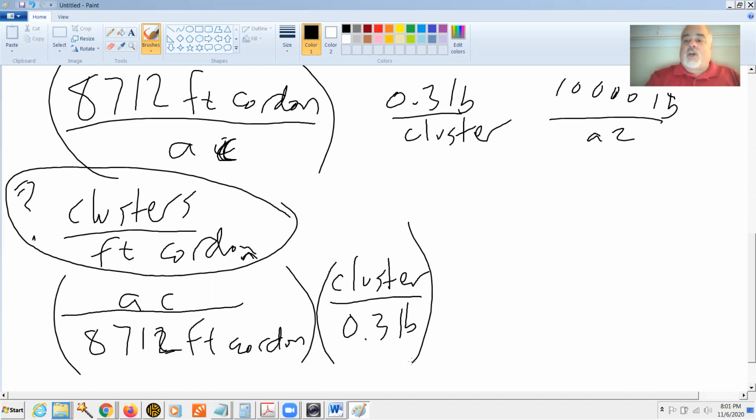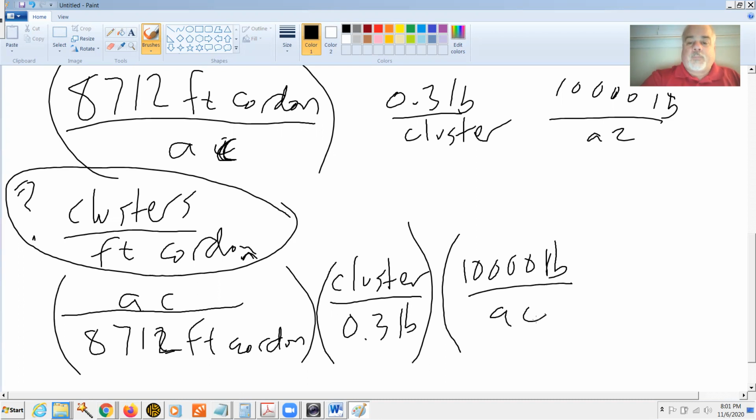But I do know 10,000 pounds per acre, and I would write it exactly the same way, 10,000 pounds per acre. Why did I write it that way and not flip it over? Well, if I've got pounds in the top and pounds in the bottom, they cancel out. I've got acres in the top over here and acres in the bottom over here. They cancel out.